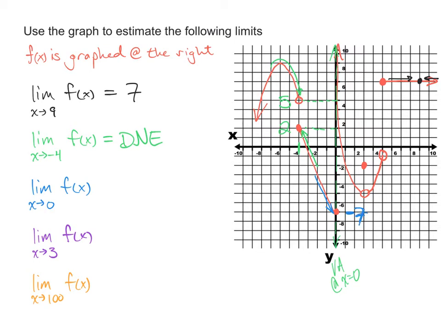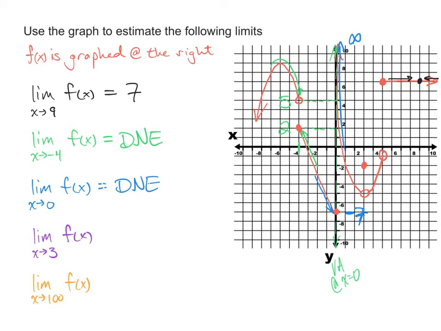But on the right side, this graph, as we approach 0, is getting closer and closer to positive infinity. And so again, these two quantities do not match up. Infinity is not the same thing as negative 7. So this limit does not exist.